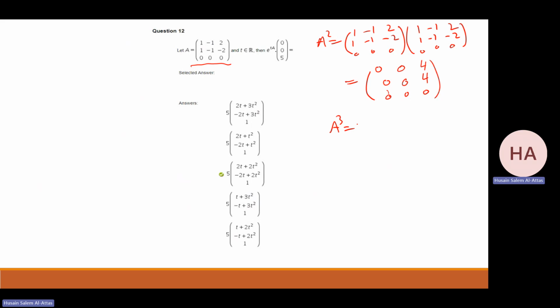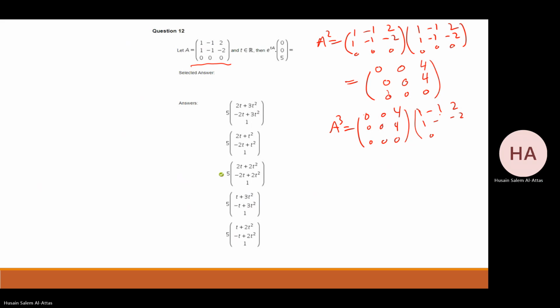A cubed will be what? [0, 0, 4; 0, 0, 4; 0, 0, 0] times A itself. Is it 4? Last column, 2 plus 2, yes, it's 4.